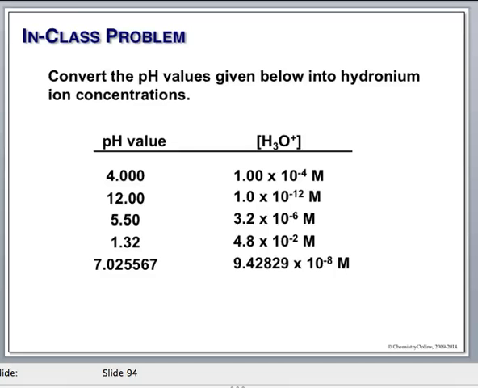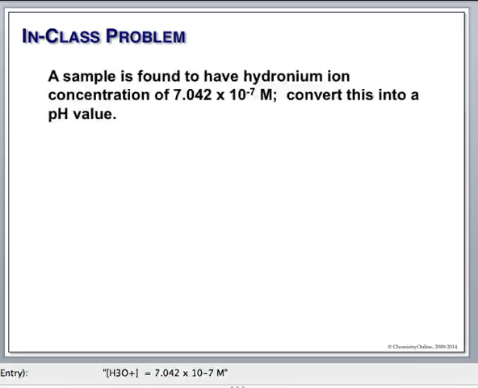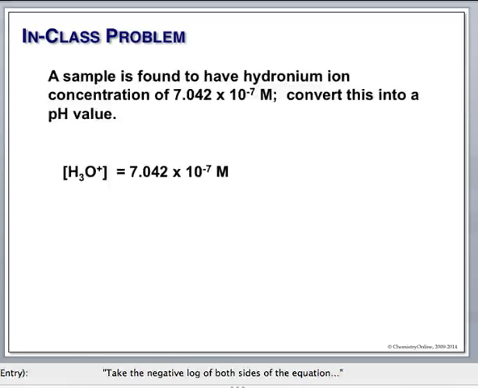Now, isn't that fun? It is. So much fun, let's do it the other way around. If I tell you we have 7.042 times 10 to the minus 7 molar, what's my pH? Well, what do we remember?